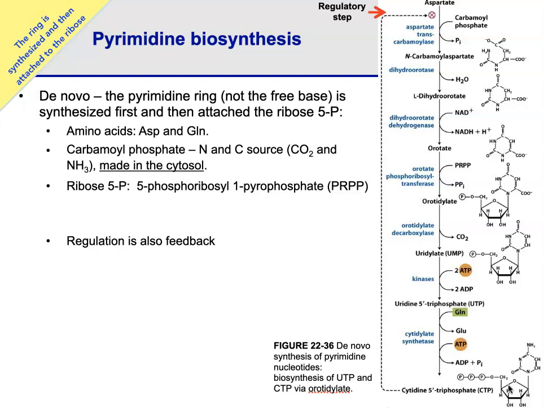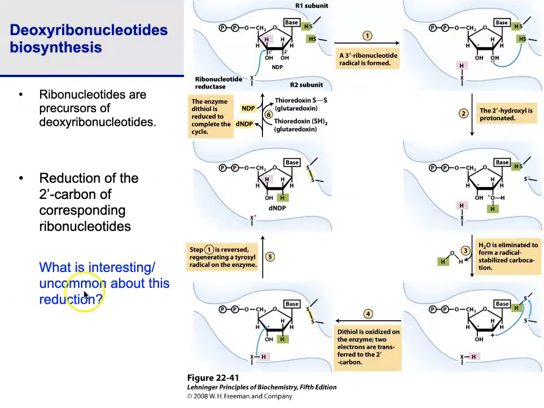So in order for us to generate the thymine bases, we need to convert the ribonucleotides to deoxyribonucleotides. And that happens by following a fairly complex process, which we're not going to look into in detail. But what we need to understand from this is that ribonucleotides are precursors for deoxyribonucleotides.